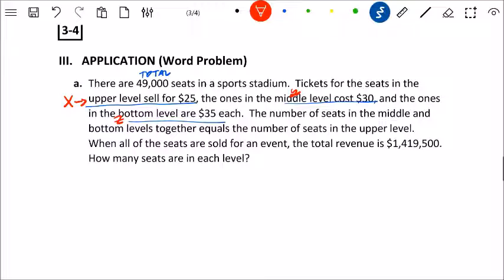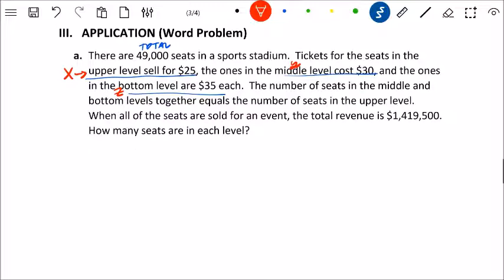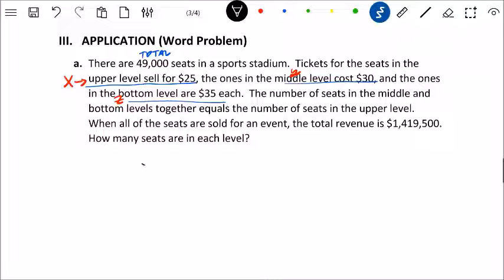I could have used different variables, or changed which one's which. It doesn't matter as long as you pick 3 variables and make them consistent throughout the entire problem. So X number of seats plus Y number of seats plus Z number of seats is equal to the total, 49,000.